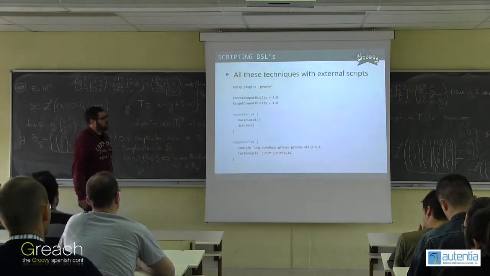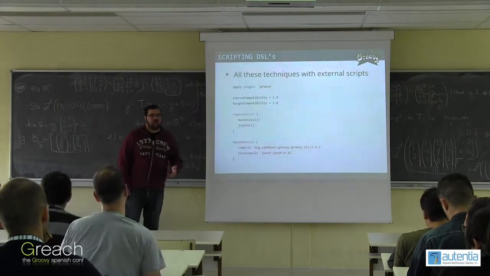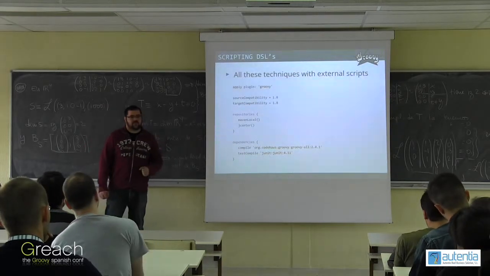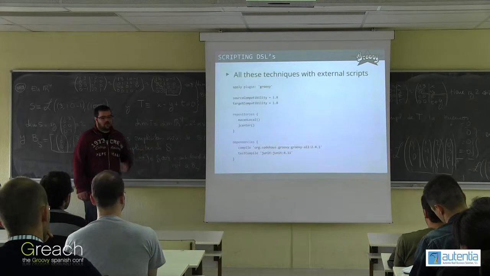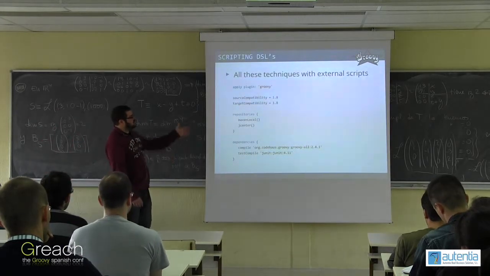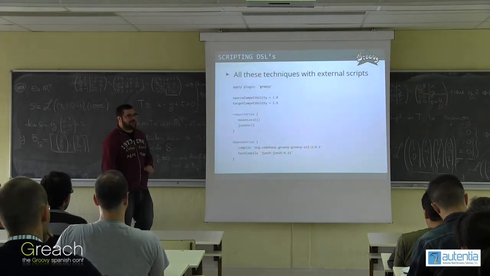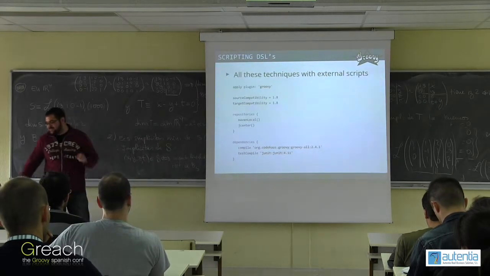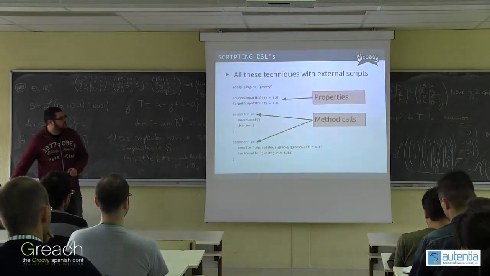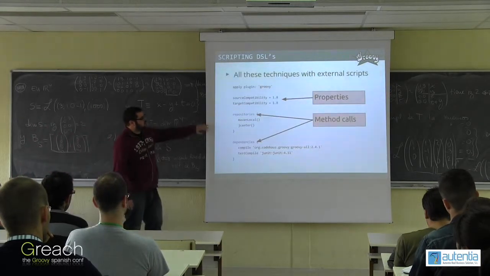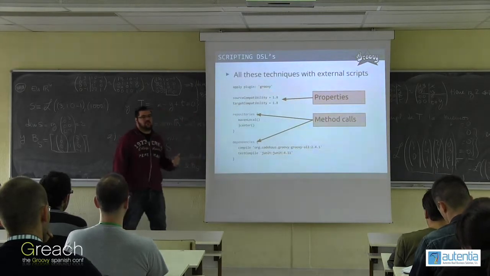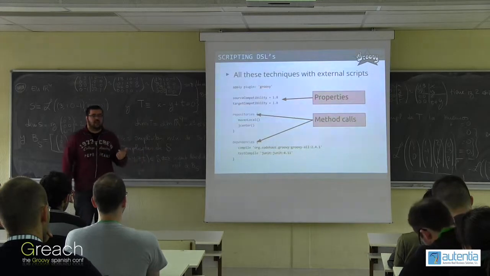Okay, scripting. If you have used Gradle, you have seen this kind of document. This is like the easiest possible Gradle build. Well, it's not easy, but these are just method calls, like the ones that we saw in the first technique.